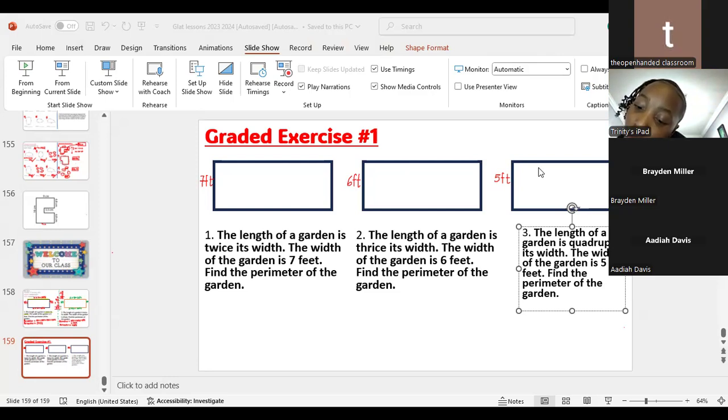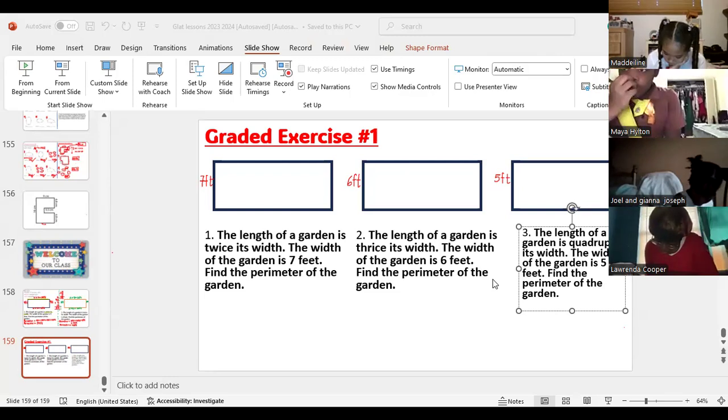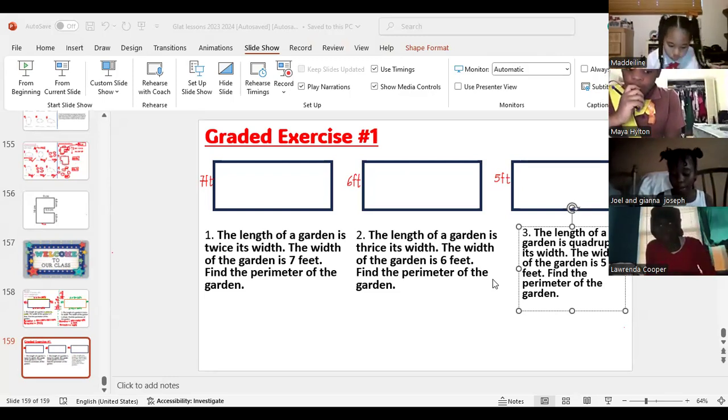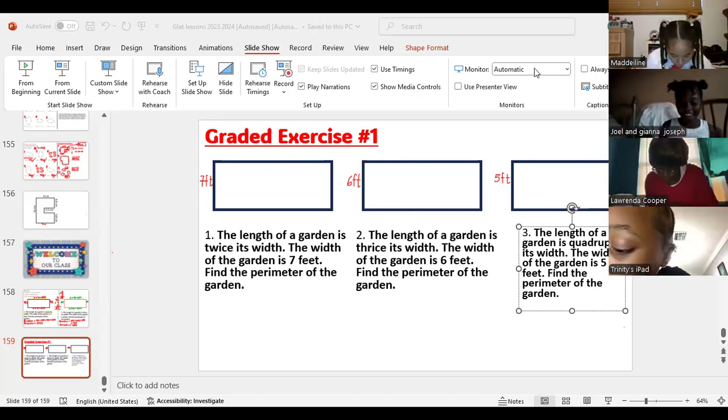I'm on number 3 on the next exercise, Mr. Petit. Number 3 on the next one, right? Yes, sir. Let me see if Adaya, you finished with this? Yes, Maya, I'm done. You're done? Okay, take a picture and send it to me.